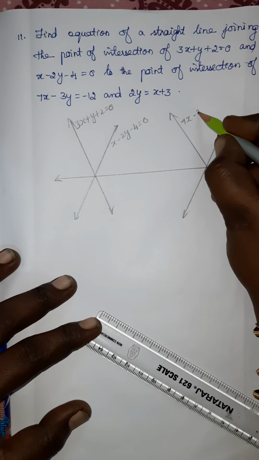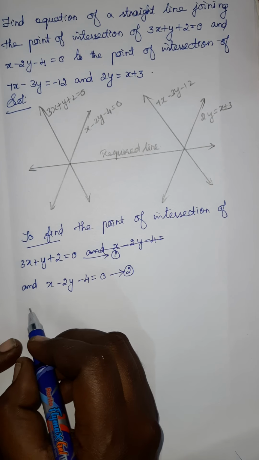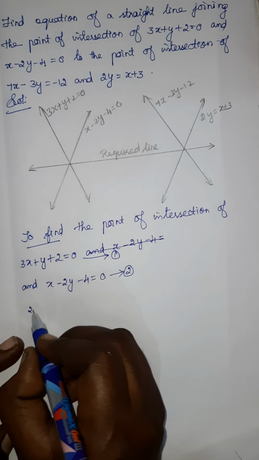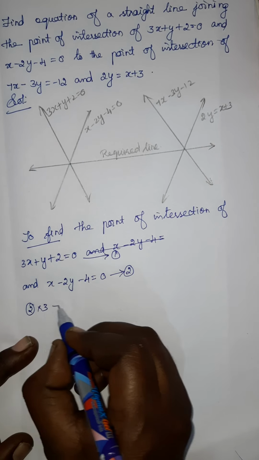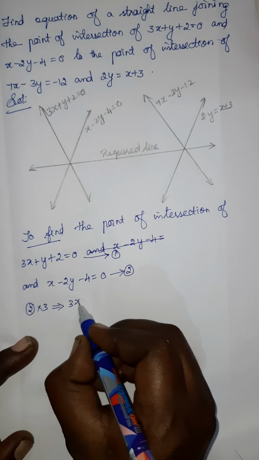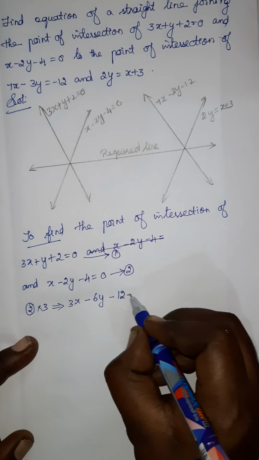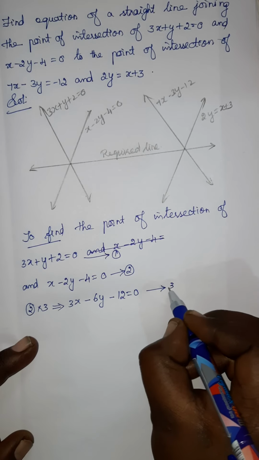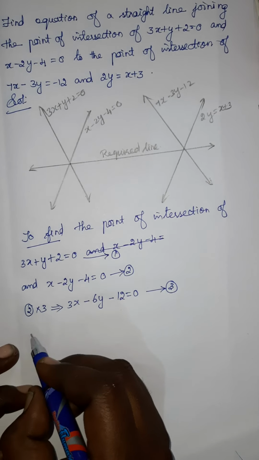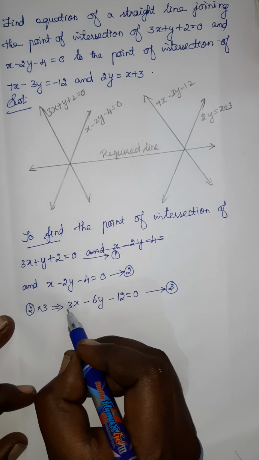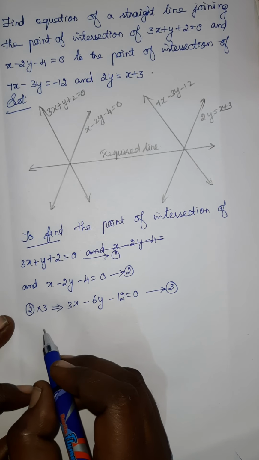Okay. Now I am going to multiply the second equation by 3. Equation 2 into 3, we will get 3x - 6y - 12 = 0. Consider this is equation number 3. Since the signs are the same, we have to subtract.